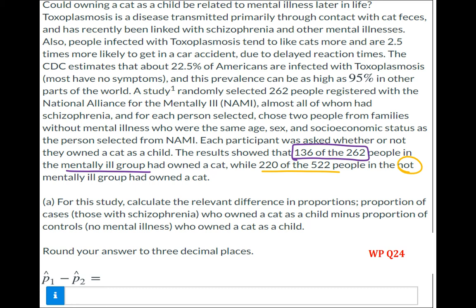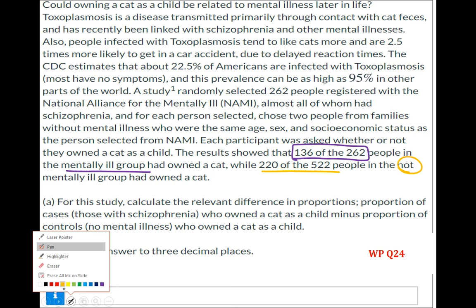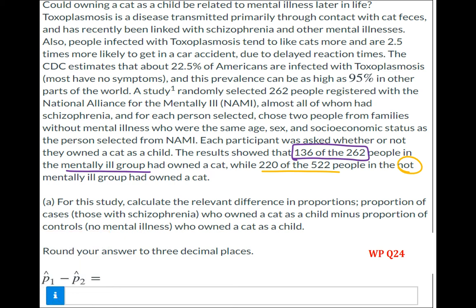Okay, so what we need to find is P1 and P2. All right, so let me change colors here. So my first group, I have 262. Let's call P1 my mentally ill group, who owned the cat. 136 of them out of 262. Those are the number who were in that group. When I go to my P2, 522, 220 out of 522.